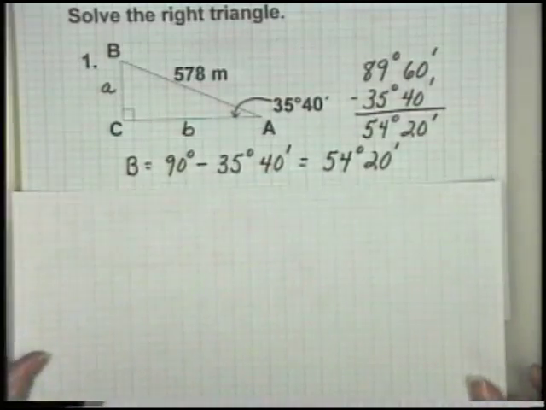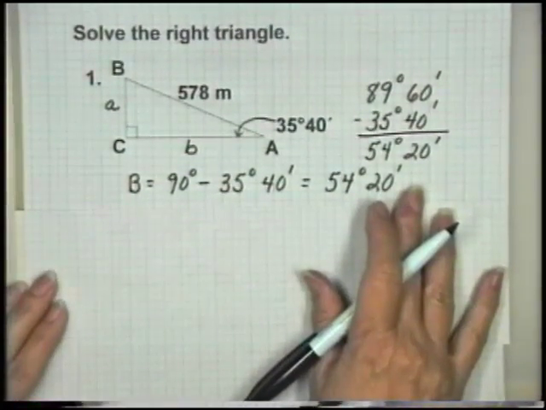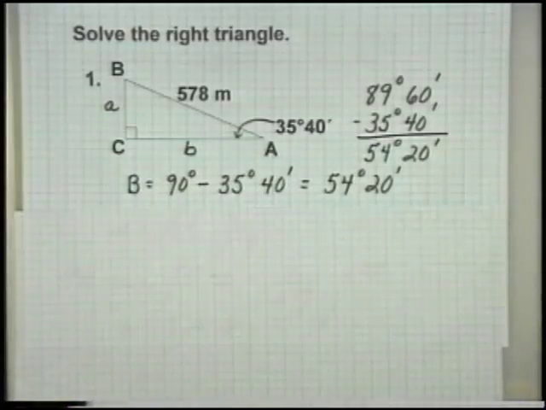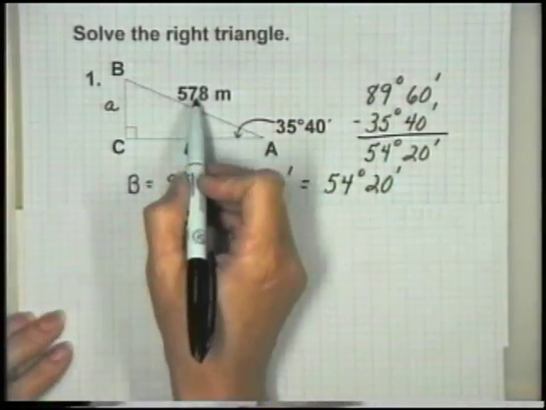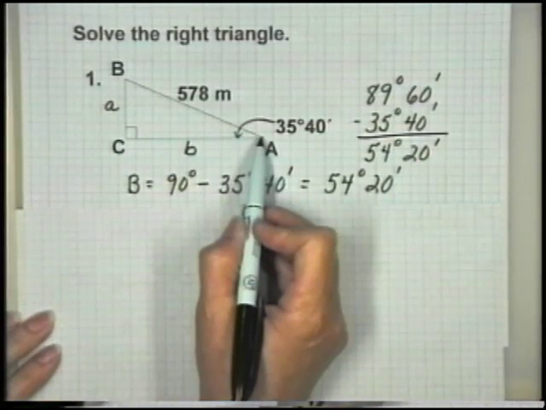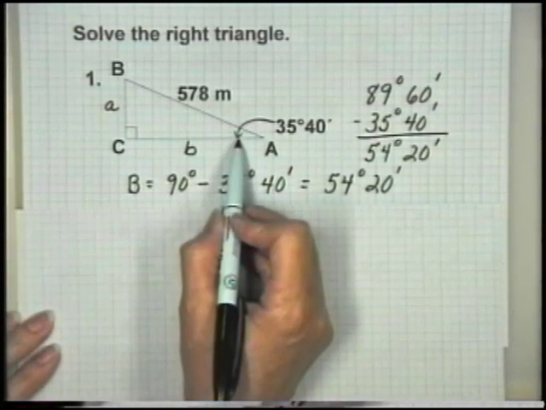Now I need to find side B. When I get ready to find side B, it is safer to always use the information given instead of using the information that you found, because if your information was wrong, for instance, if I wanted to use side A to find side B, if I miss side A, then I would also miss side B. So let's go back to the original problem. We were given that the hypotenuse was 578 meters long.